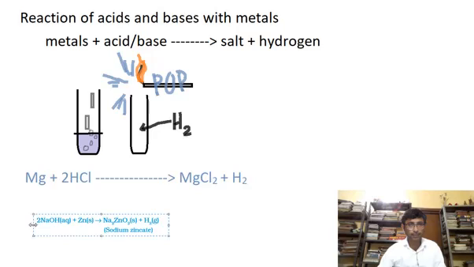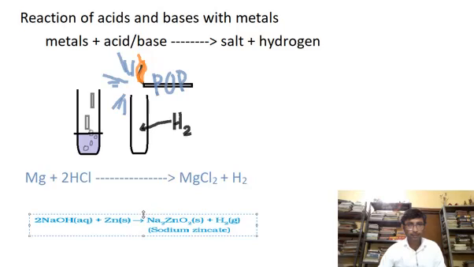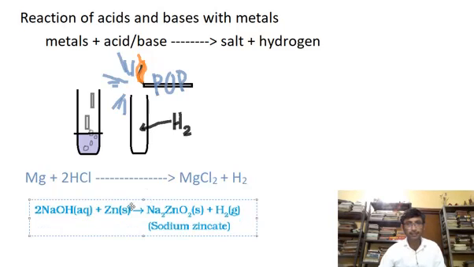Just enlarge it so that you can see it better. It shows sodium hydroxide plus zinc gives sodium zincate plus hydrogen gas. So we have seen that acids and bases both react with metals, forming a salt and hydrogen gas.